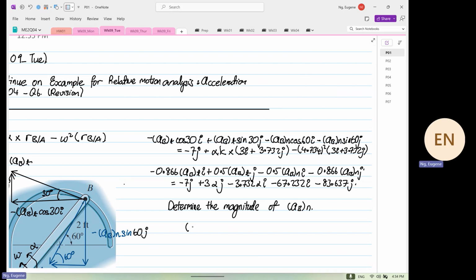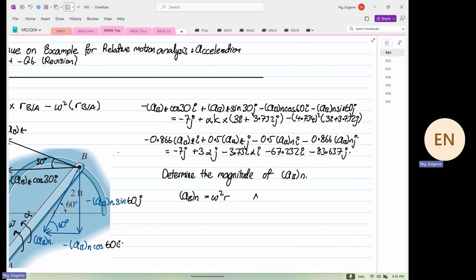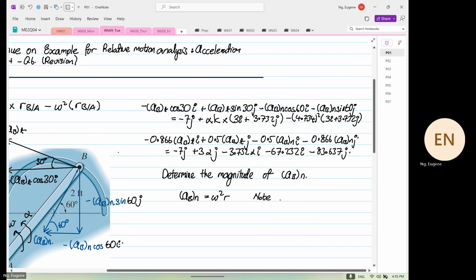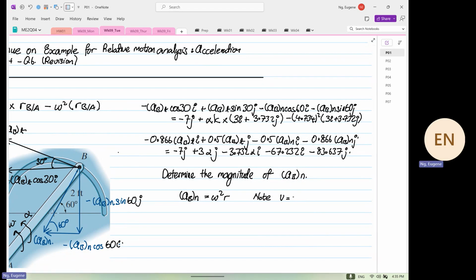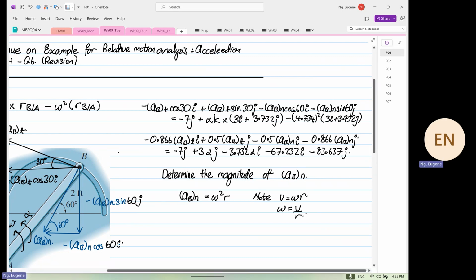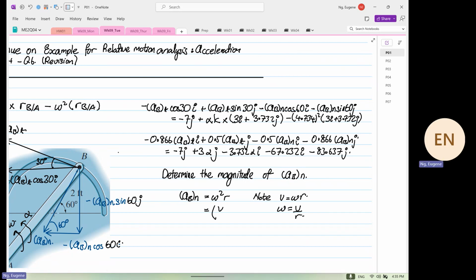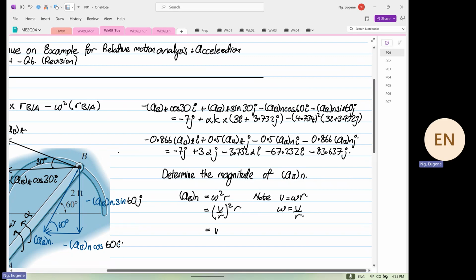We know the acceleration that's normal to the point is equal to omega squared R. We take note that V is equal to omega R, so omega is equal to V over R. So this expression is equal to V over R squared multiplied by R, which is V squared over R.